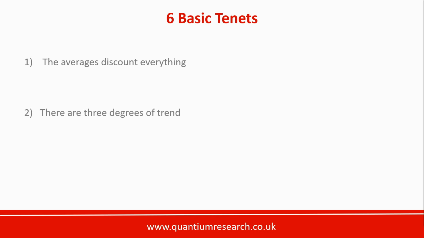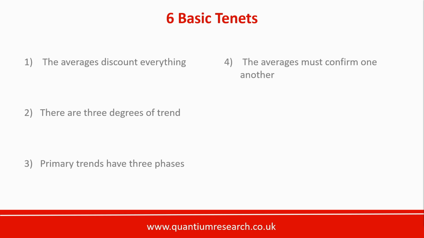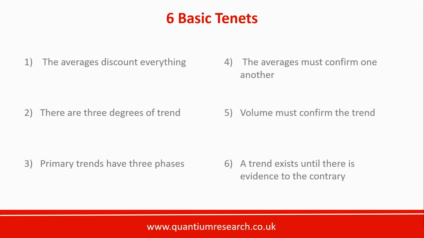The third, primary trends have three phases. The fourth, the averages must confirm one another. The fifth, volume must confirm the trend. And the final basic tenet is that a trend exists until there is evidence to the contrary.